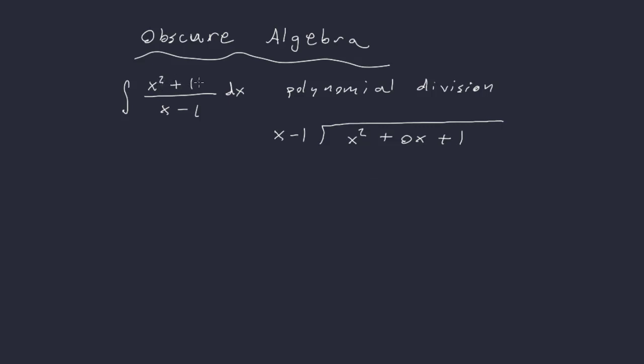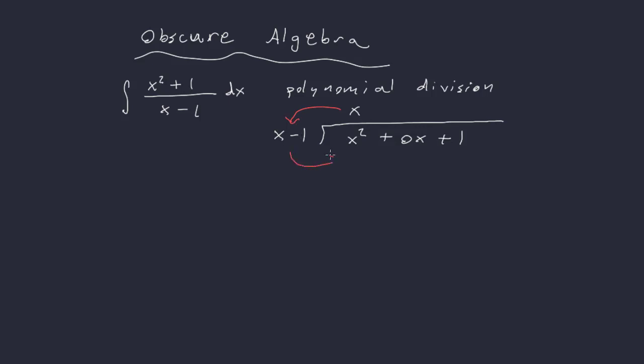Since we're dividing x squared plus 1 by x minus 1, I would set up my division like this. x squared plus 0x plus 1 is being divided by x minus 1. Now, what do I need to multiply this by to get an x squared? Well, that's, of course, x.